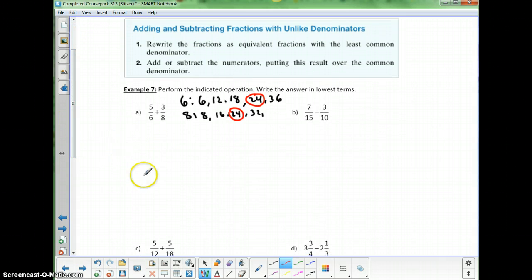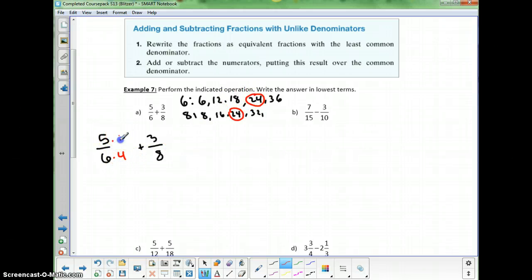So my next job is to rewrite these fractions and then figure out what I need to multiply each fraction by to get that 24 to appear in the denominator. When I wrote it out, I left some space right here so I can figure out it's 6 times 1, 2, 3, 4 to get me 24.